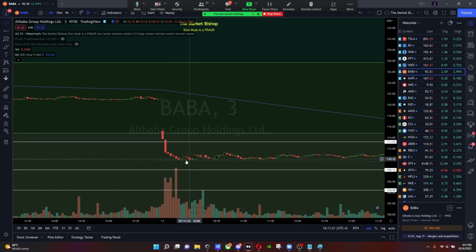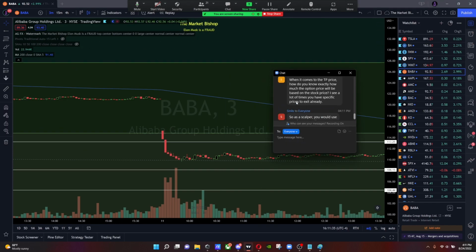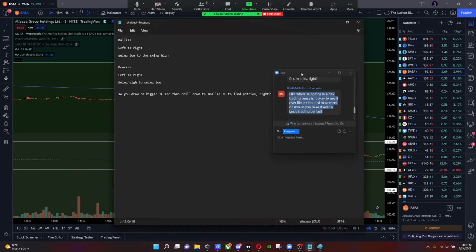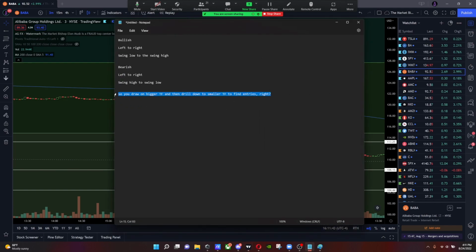Let's say you entered here and took profits over here, this probably would have been 30 to 70%. I don't know exactly, since each stock's options move differently in terms of option pricing.